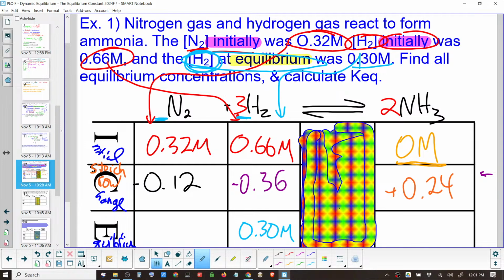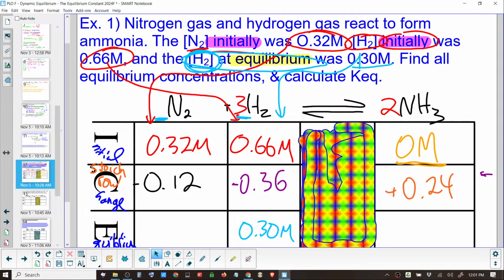Which one do you use? What about the H2? Either one, you'll get the same answer. I'm asking how do you go from the reactant side to the product side? Like, how do you get that number? So the change has to go through the stoichiometry.